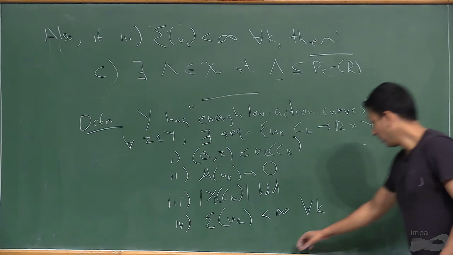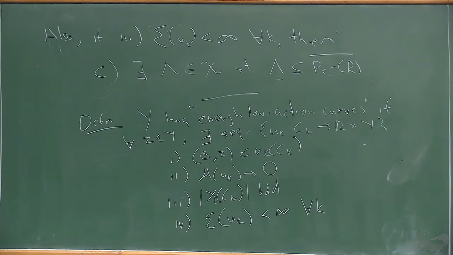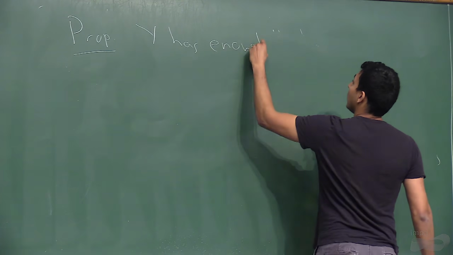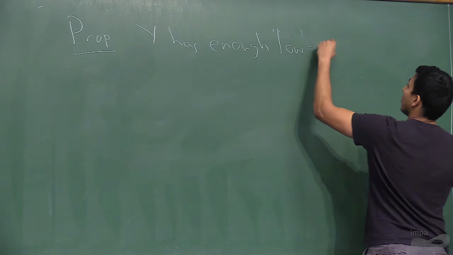Okay. And so the main technical proposition is that systems with enough low action curves satisfy these Le Calvez-Yacoz type results. So proposition, suppose Y has enough low action curves.